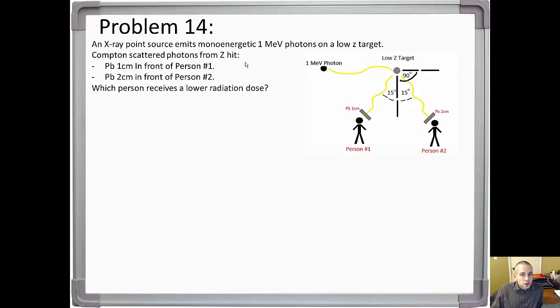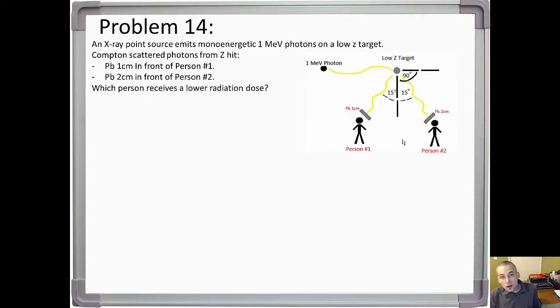Compton scattered photons from Z, so these two Compton scattered photons, they hit both of these two pieces of lead, person 1 and person 2, and I want to know which person receives a lower radiation dose, person 1 or person 2.